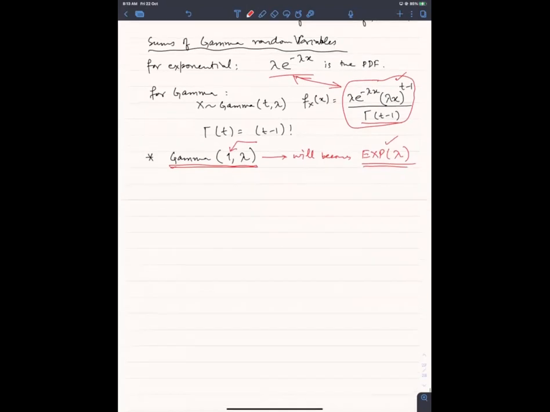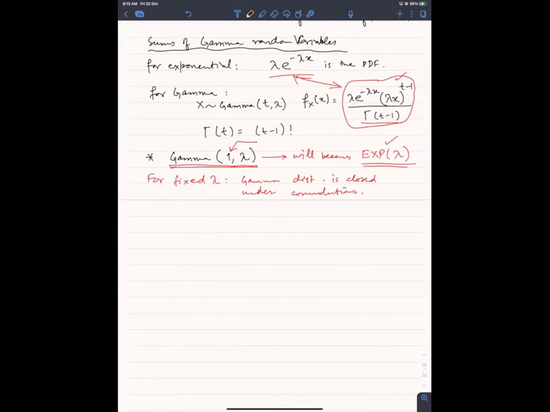Okay, so here is a property of the gamma distribution. For a fixed lambda, the gamma distribution is closed under convolutions. What that means is that if we convolve two gamma PDFs, we will get another gamma.